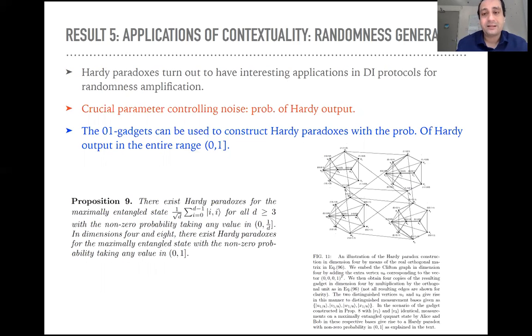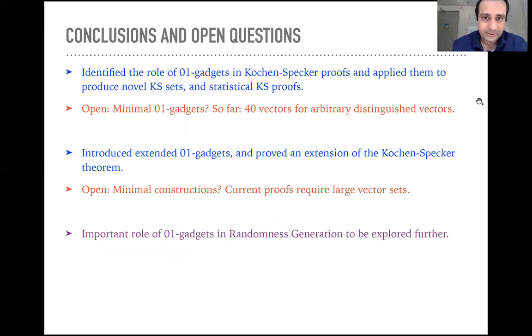So it's very interesting that there is this connection not only to the Kochen-Specker theorem, but also to Hardy paradoxes in non-locality. I don't have time to go into all the technical details, so I will just conclude by saying that in this paper, we say that the Kochen-Specker proofs are something we are very much interested in for many reasons. In many settings, it's sufficient to consider these smaller structures than the Kochen-Specker proofs that we call zero-one gadgets, that are also called bugs or other types of names in the literature.